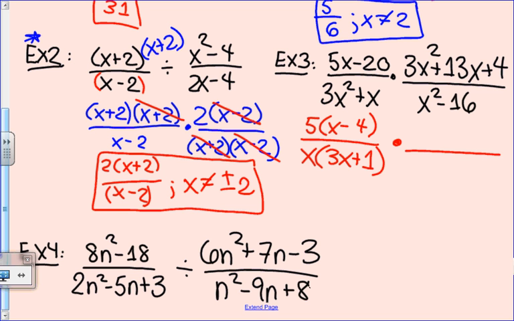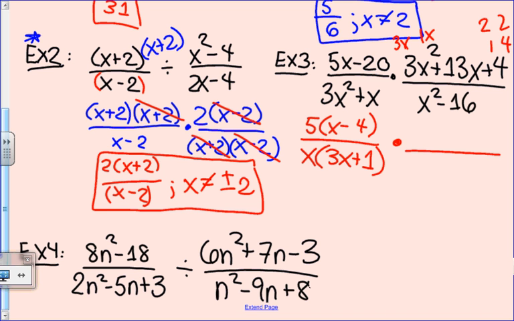Numerator: 3 terms. Is there a GCF? No. What about a perfect square? No. The regular old factoring. Okay. Factors of 3x squared: 3x and x. Factors of 4: 1 and 4, 2 and 2. What's our goal? To get close to 13.